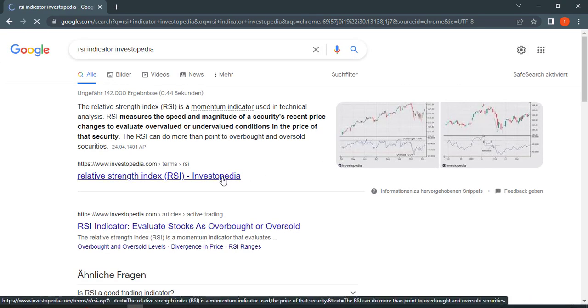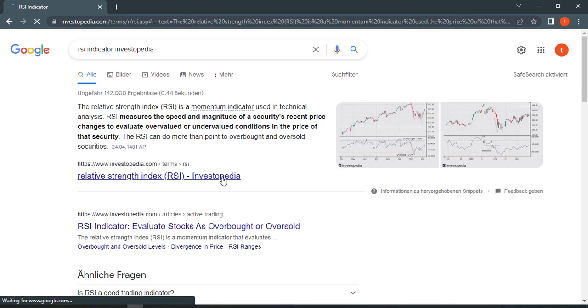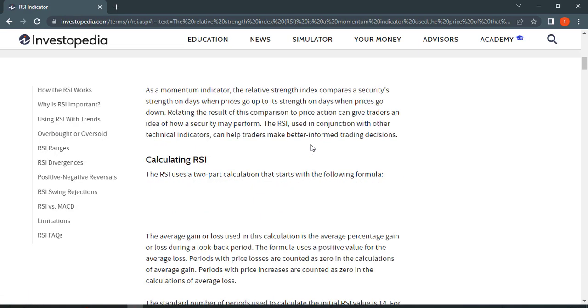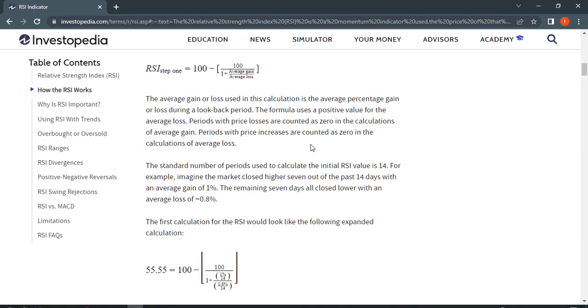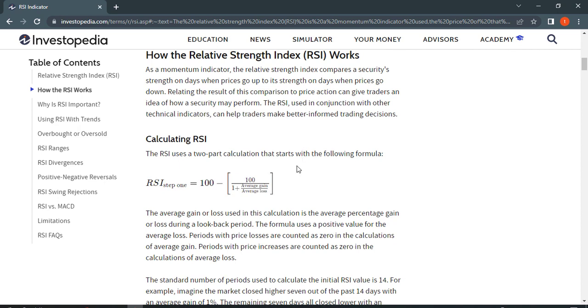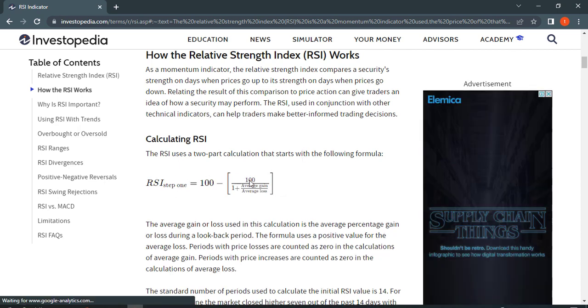This website is very practical and good, and here you can see how this indicator is calculated. This is the formulation I have shown you.